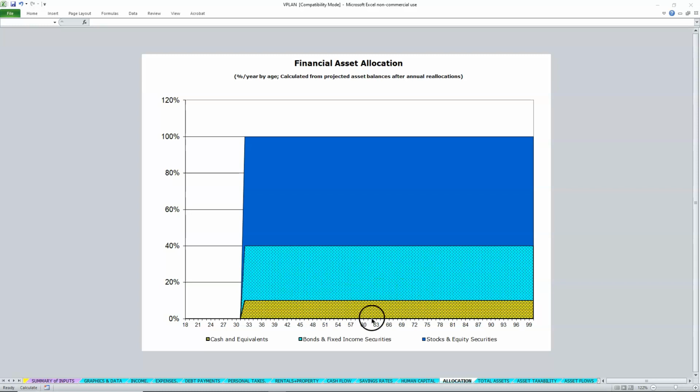Cash is the yellow area at the bottom with the brick pattern. The light blue area in the middle is for bonds, and the darker blue area at the top is for stocks. Note that VeriPlan will automatically rebalance your projected portfolio to your chosen asset allocation model at the end of every year. Next, we will click and view the blue-tabbed Total Assets graphic.